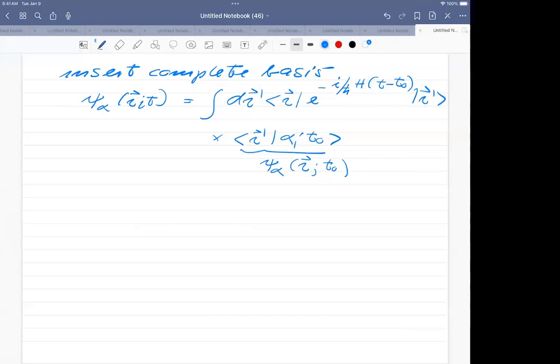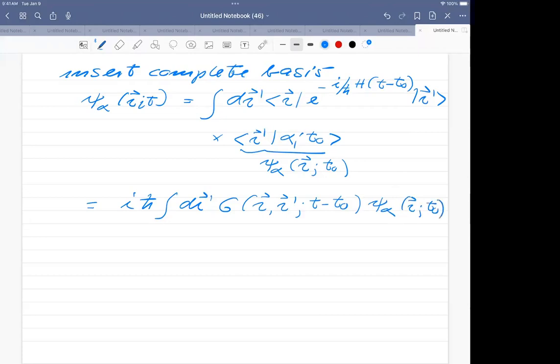And I can rewrite this equation now in terms of a new quantity, which is going to be given by an integral d r′, and then I have my Green's function, and then I have the time difference t minus t0, multiplied with this ψ_α of r′ at t0.